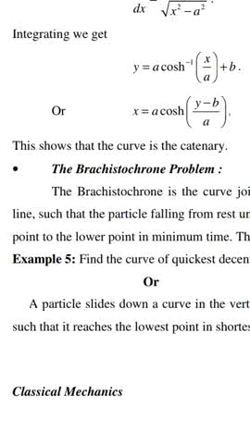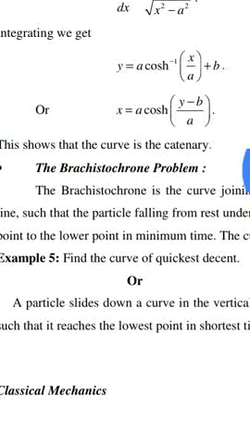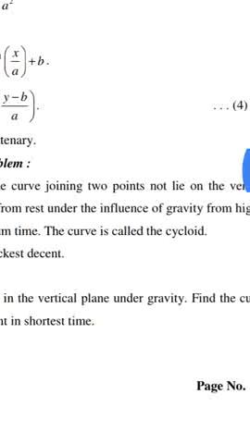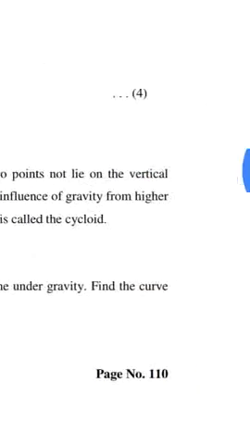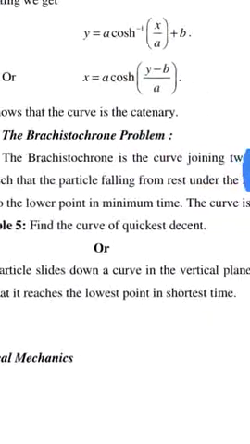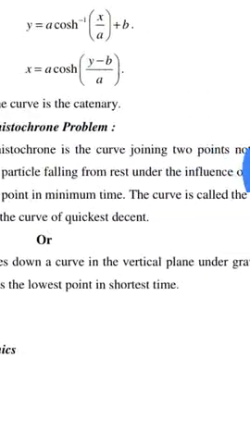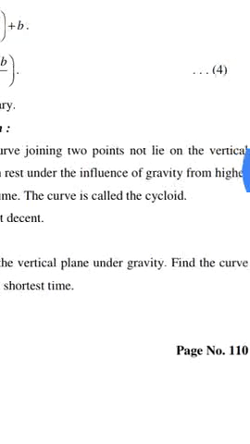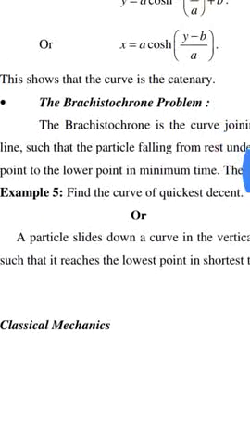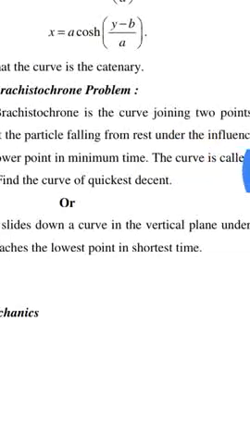Next problem is the brachistochrone problem. The brachistochrone is the curve joining 2 points, not lying on a vertical line, so that a particle falling from rest under the influence of gravity from the higher point to the lower point takes minimum time.